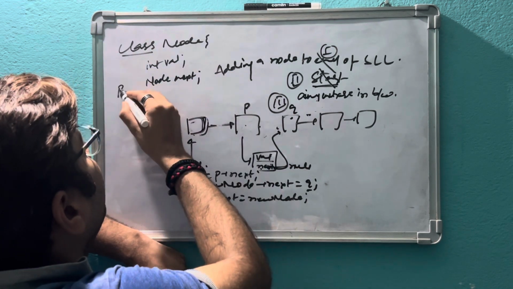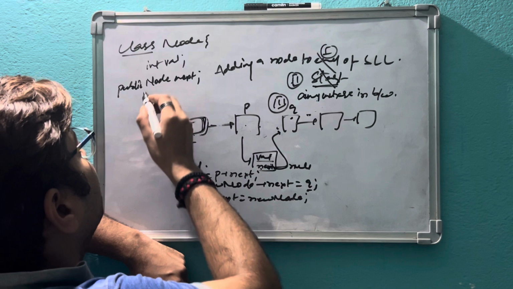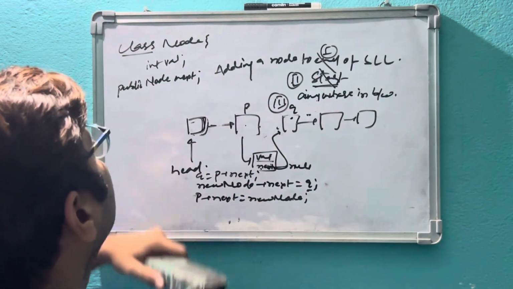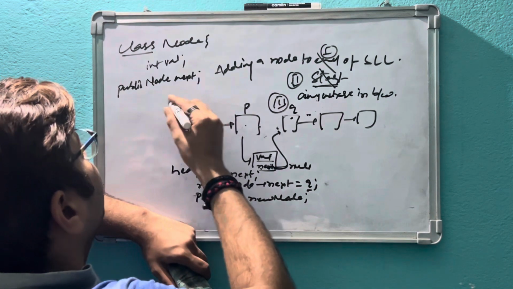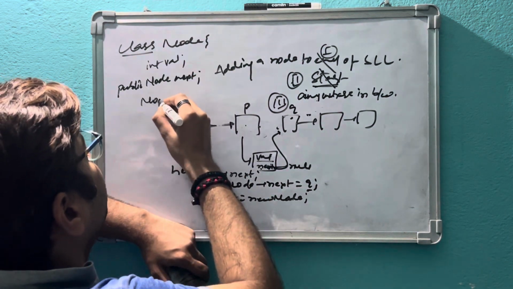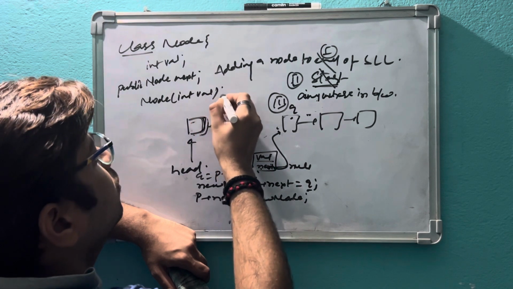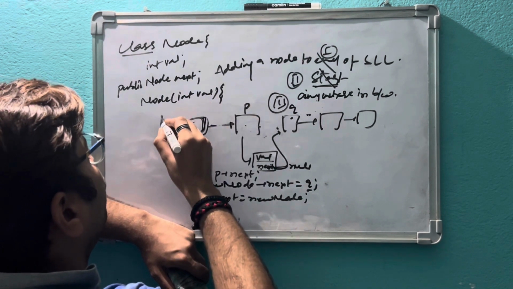We could go ahead making it public so that we would be able to access the next node outside of the class as well. And we could go ahead creating the constructor, which would take the value and create a new node.